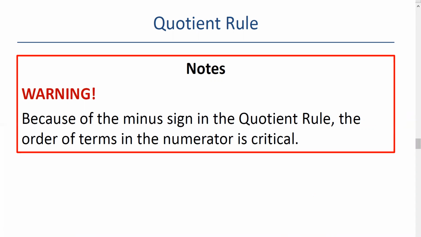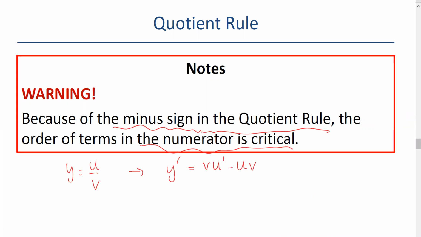Note that for the quotient rule, because of the minus sign, the order of terms in the numerator is critical. For y equals u over v, by the quotient rule, y prime is v u prime minus u v prime over v squared, or in the form of the functions f and g, that would be g f prime minus f g prime over g squared.